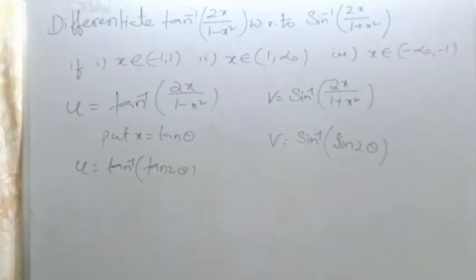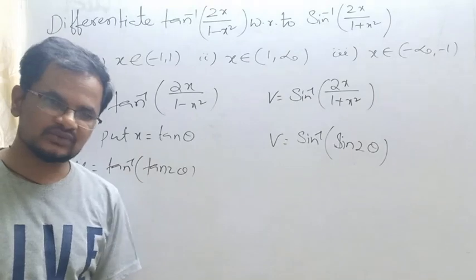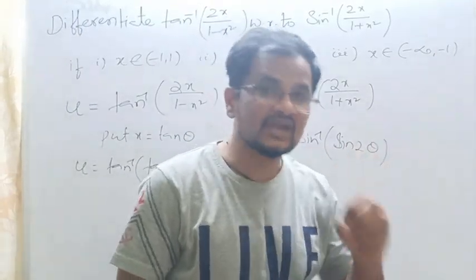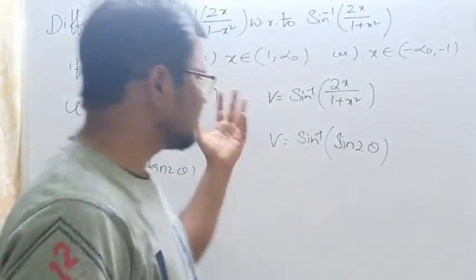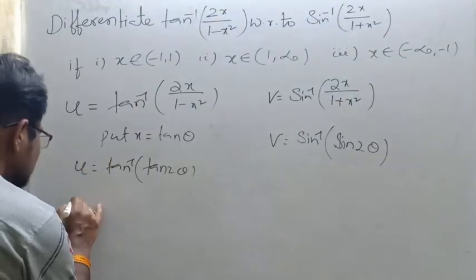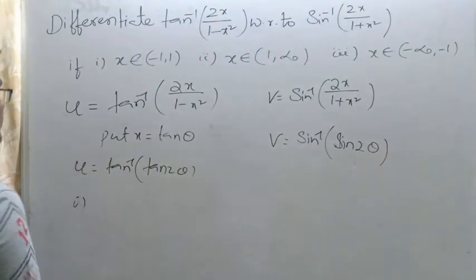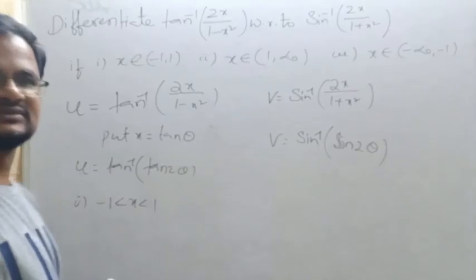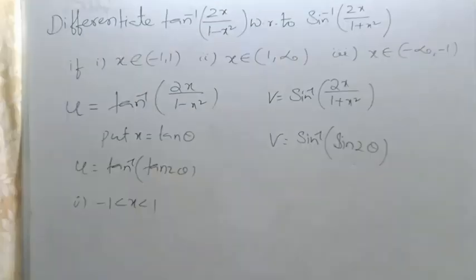Now here tan inverse of tan 2 theta equal to 2 theta, or sine inverse of sine 2 theta equal to 2 theta, we can't always take, but according to the condition. First one is what they given, x belongs to minus 1 less than x less than 1, right? Minus 1 less than x less than 1.